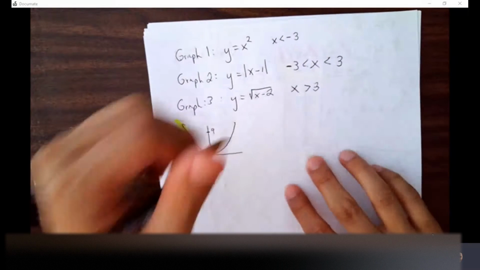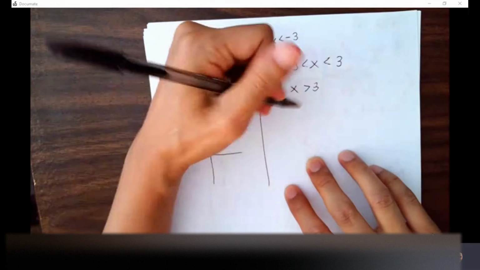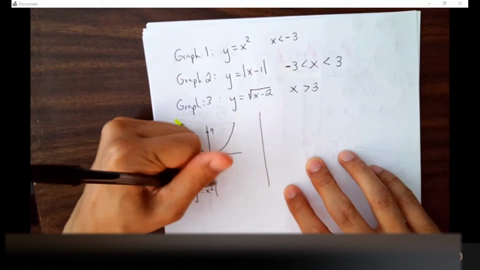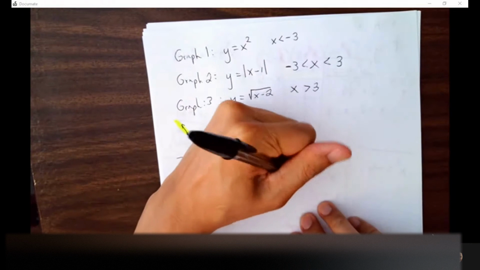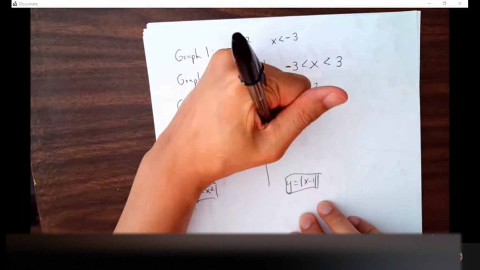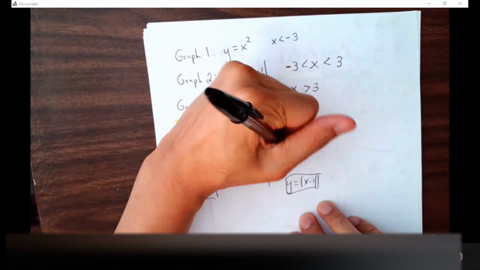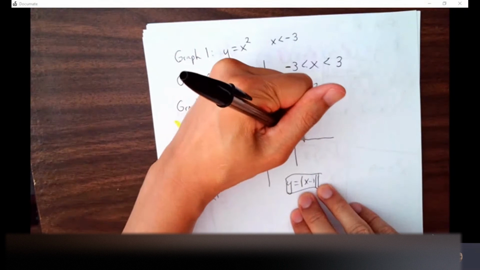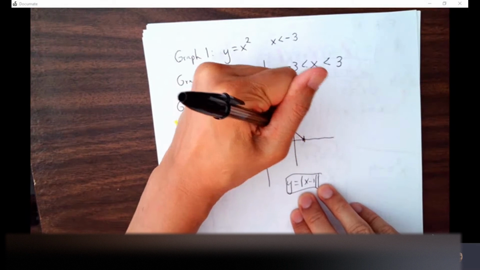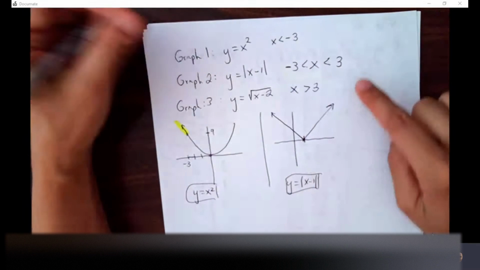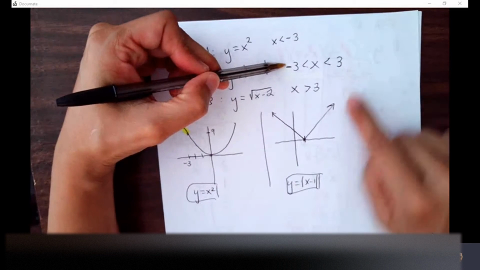Okay, absolute value of x minus 1 looks like this. It has a vertex at 1. It extends like this. But we only want to show the graph between -3 and 3.